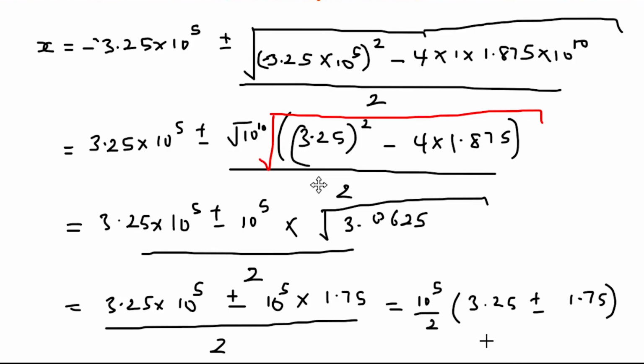Alright, now this is where we take a decision. Remember, we expect two values of x. If we use a plus, we shall get one value. If we use a minus, we shall get one value. So let's see what we get.